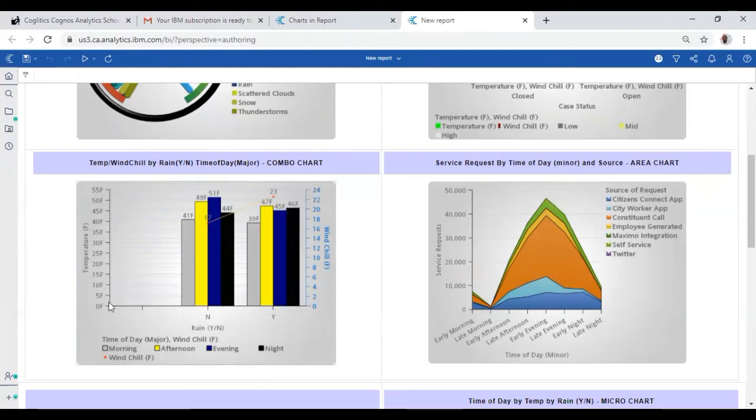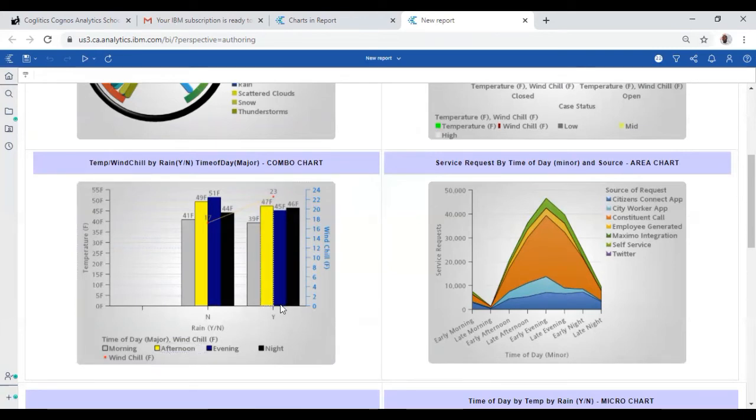This will be the primary axis and this will be the secondary axis, and each of them will have a distinct scale. You can see that the scale we have for the wind chill here ranges from 0 to 24, while for the temperature in Fahrenheit it is from 0 to 55. They are both different, and this is looking nice.